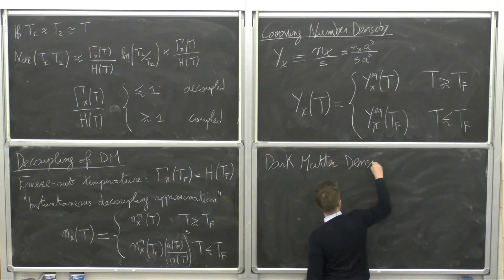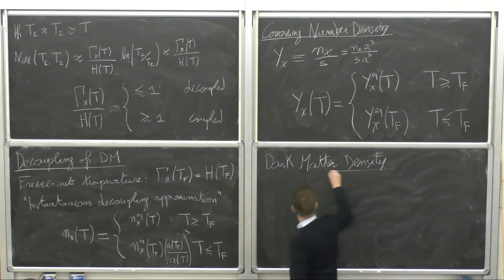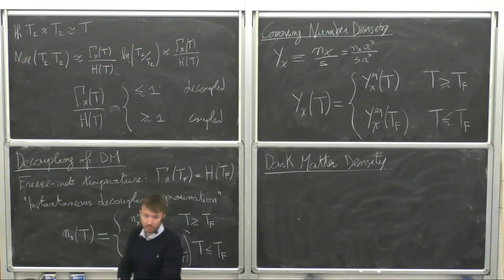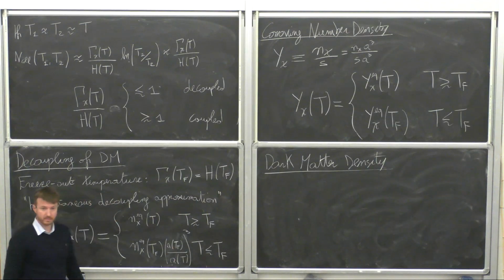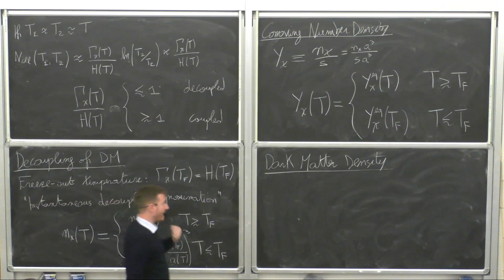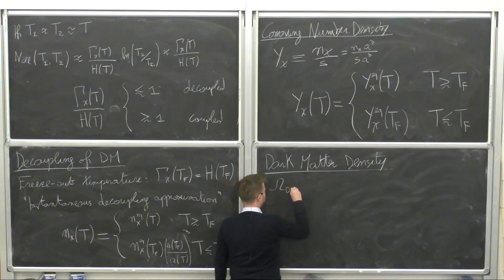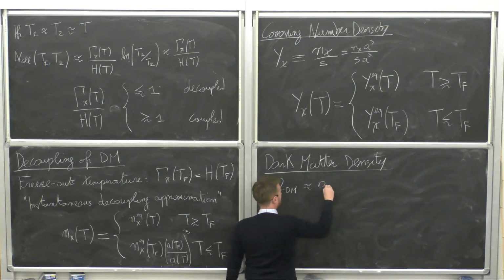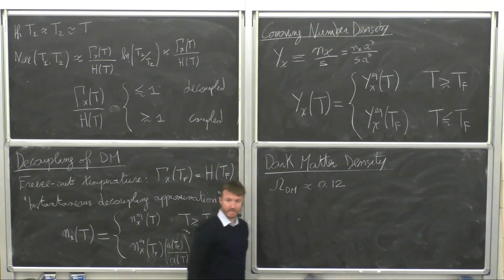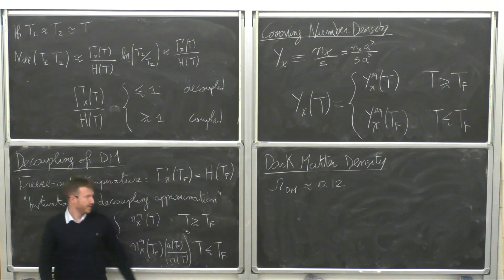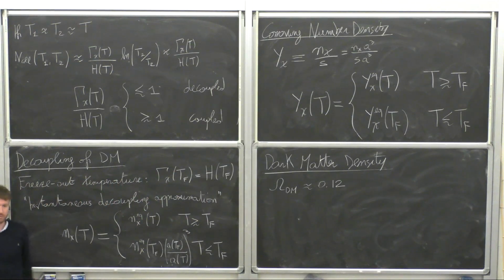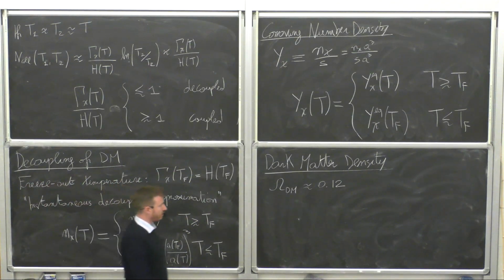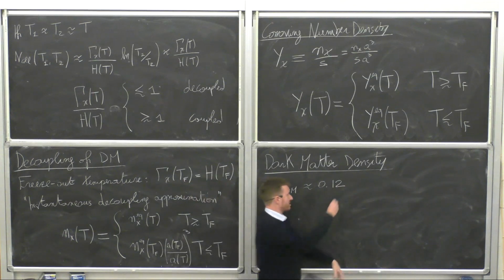But before I do the first relic density calculation, let me tell you how we compute the dark matter density. On the one hand, there is the measured value, which is 0.12. Of course, there are other digits. If you look at the paper, for example, from the Planck collaboration, there is a 0 here.